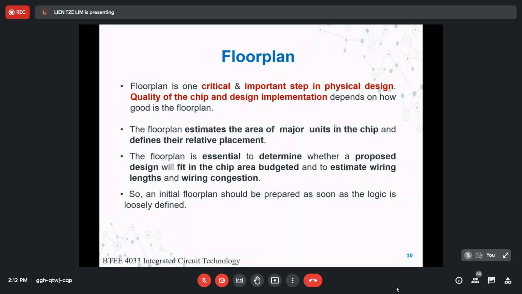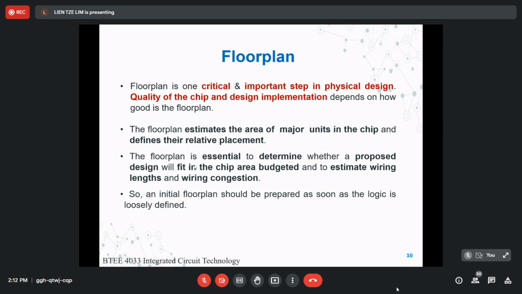What is a floor plan? According to this slide, floor plan is one critical and important step in physical design. Quality of the chip and design implementation depends on how good the floor plan is. The floor plan estimates the area of major units in the chip and defines their relative placement.